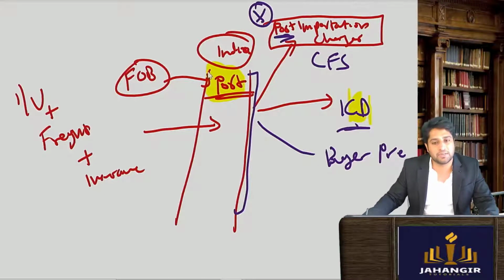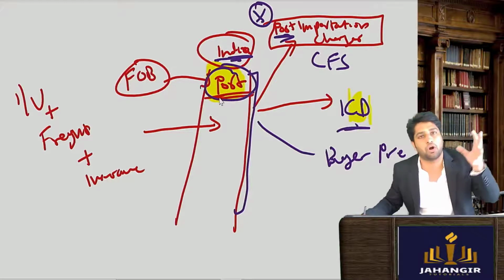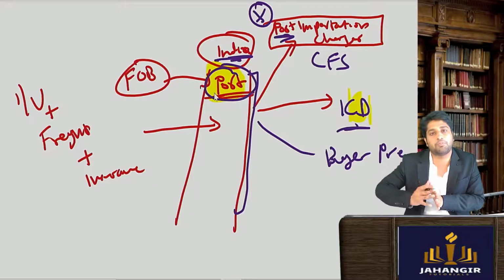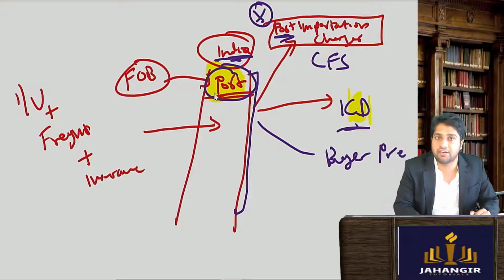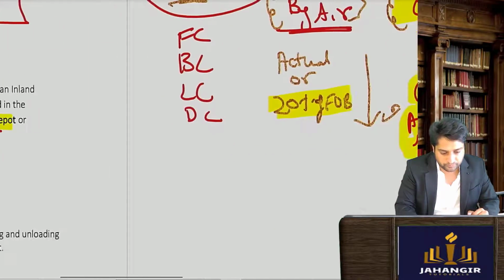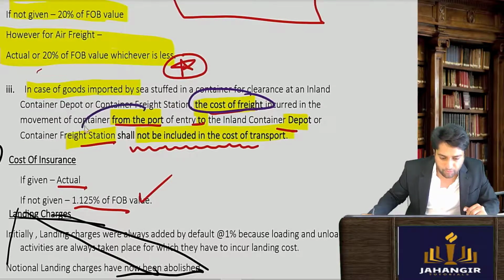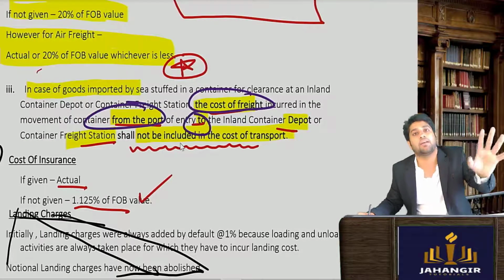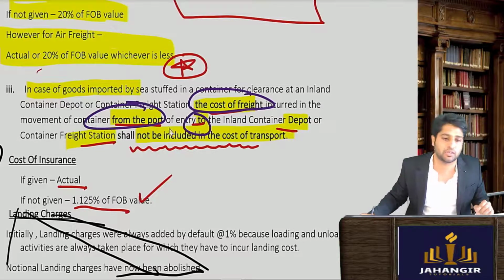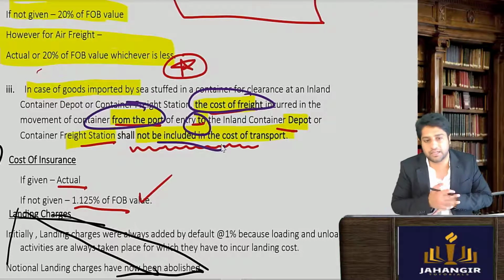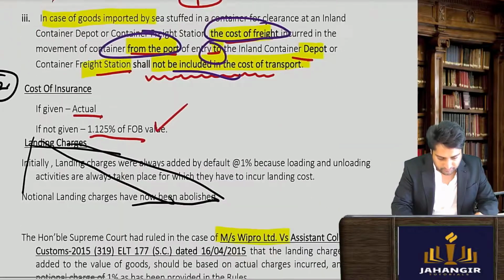We want only the expenses till the goods are brought to the Indian port. From the port to anywhere is never to be added into the value. So the cost of transportation from port to anywhere is not to be taken into the value. Clear now? So this is it.